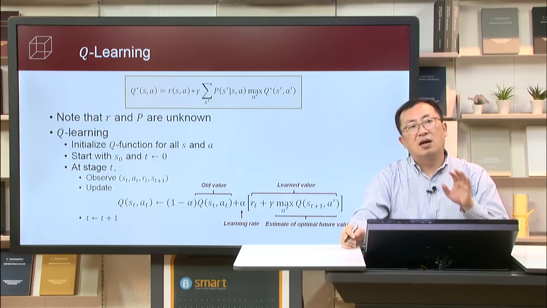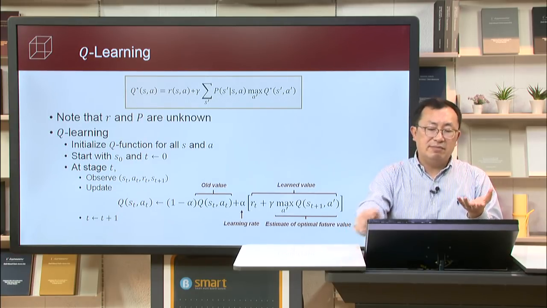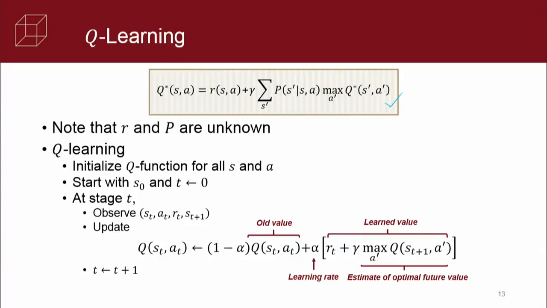Okay, in the previous slide, we just derived the Bellman optimality equation for the Q functions. In reinforcement learning, when we try to learn Q star directly from experience, we cannot utilize these optimality equations. Why? Because R and P are not known in advance.